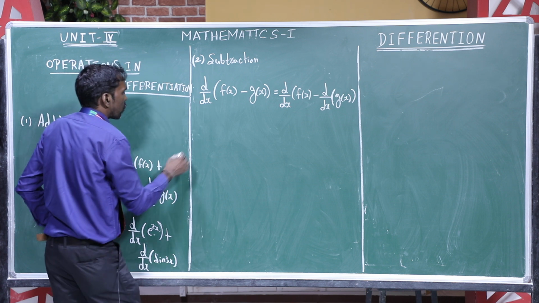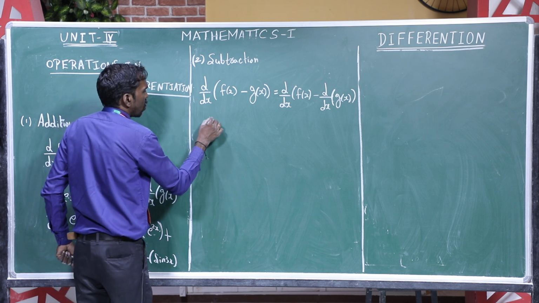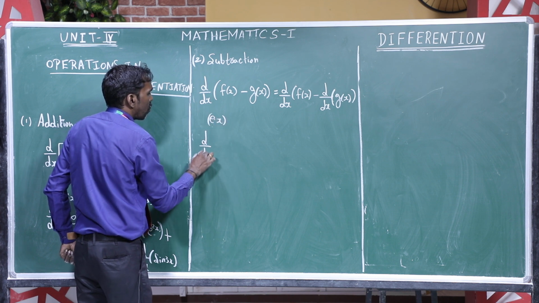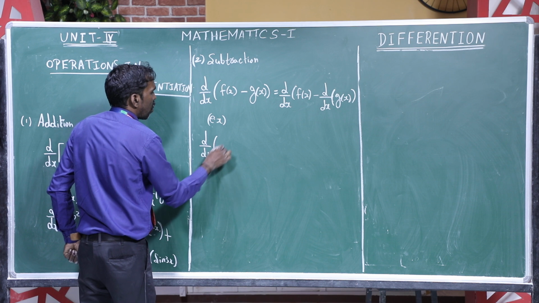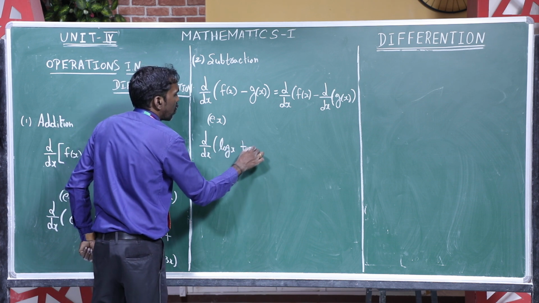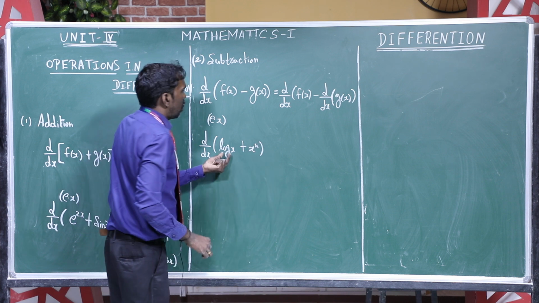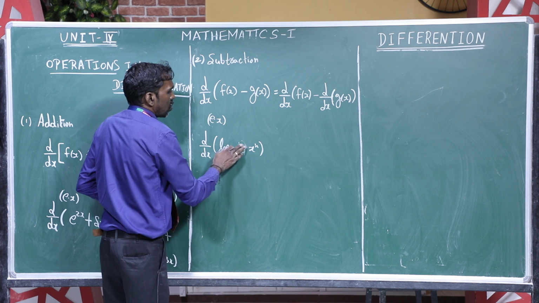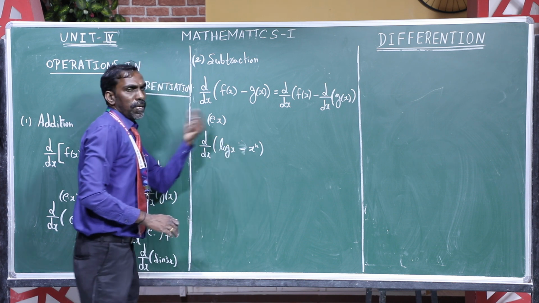The next, you can give one example here also. For example, d by dx of log x, then x power n. So here I can subtract now. Put a negative sign: log x minus x power n.